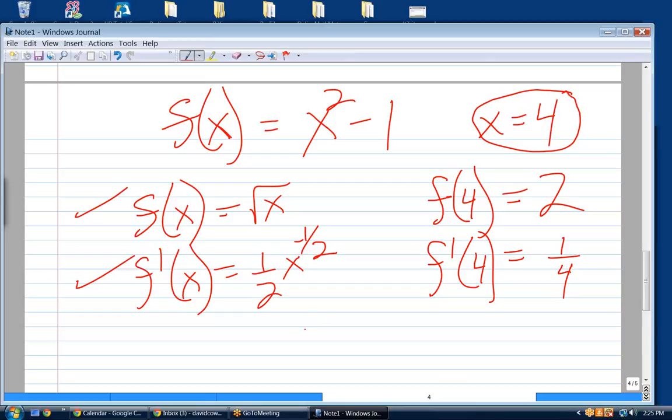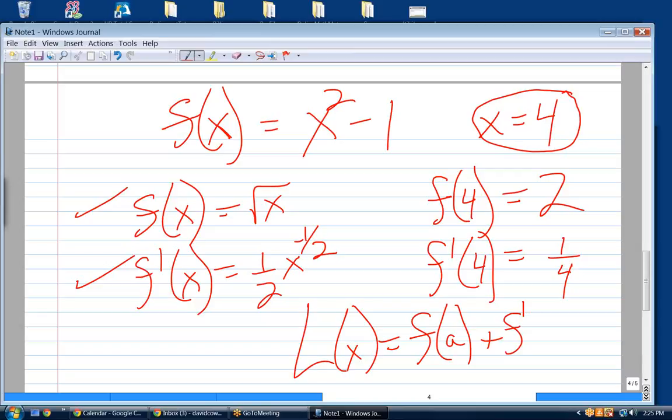And then the final linearization of x is f of a plus f prime of a times x minus a. There's the linearization formula that you need to memorize. And with every problem that you have to do, you have to figure out what f of a is and what f prime of a is in order to come up with the answer.